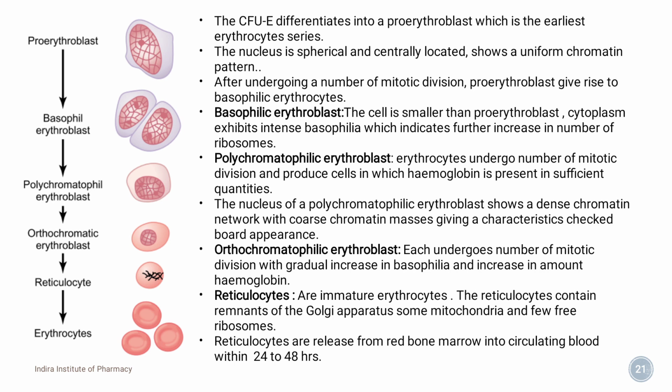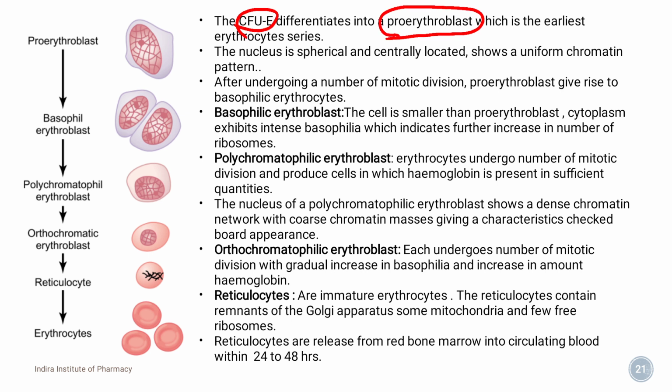So we'll now see the various steps in erythropoiesis, or how from red bone marrow the mature erythrocytes are circulated in the blood. The colony forming unit of erythrocytes, that is CFUE, differentiates into proerythroblast.